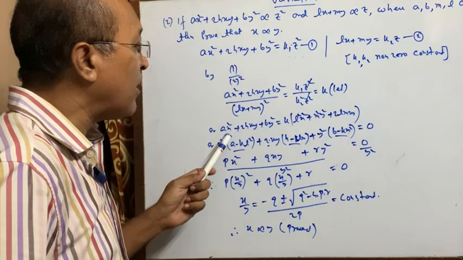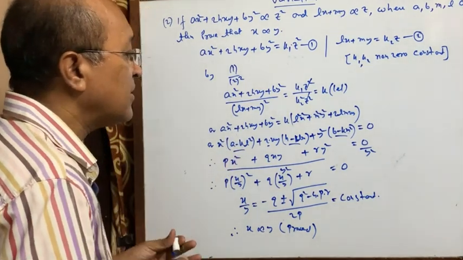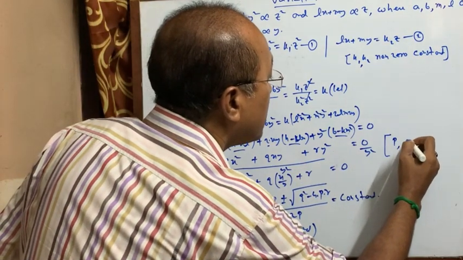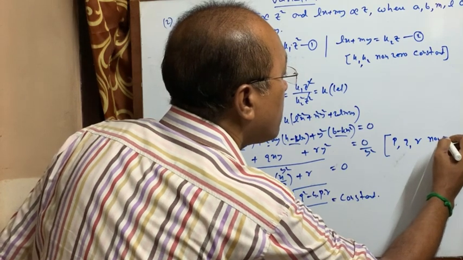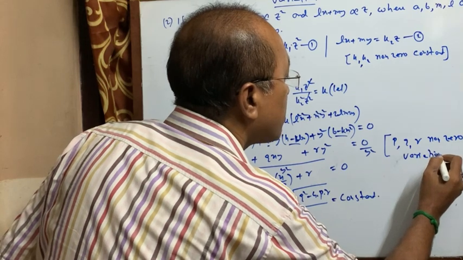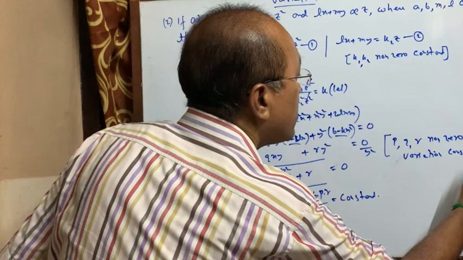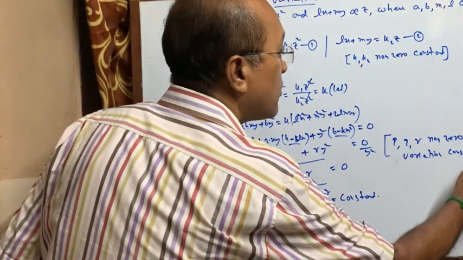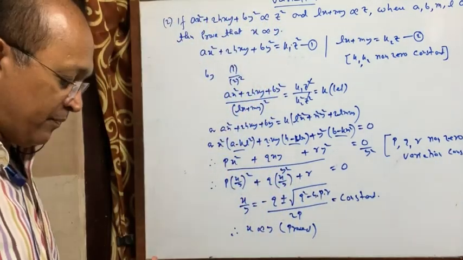All of you know very well that this entire term is nothing but constant. So you can write this PQR are nothing but non-zero variation constants. Okay, this PQR non-zero variation constants.